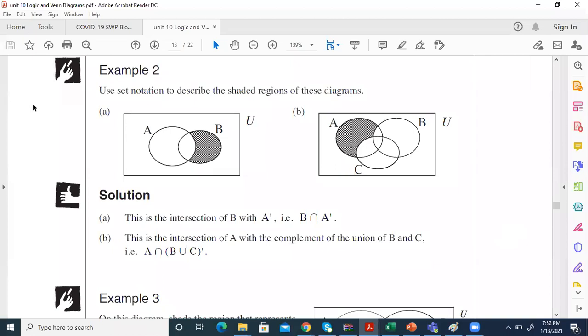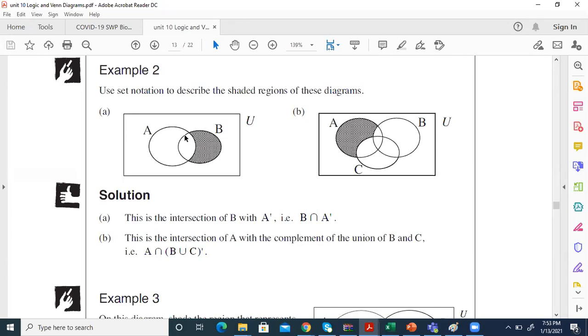So this says use set notation to describe the shaded region of these diagrams. You have the A circle, B circle, both sets, right? And only the portion that is in B is shaded.